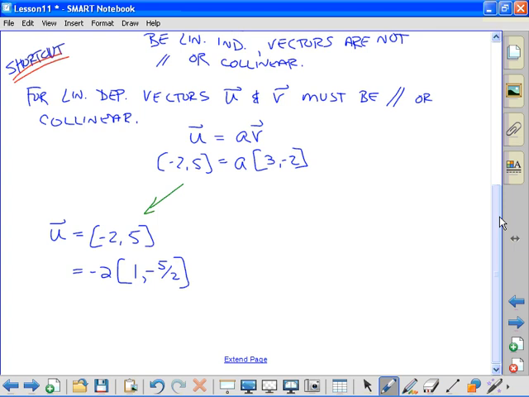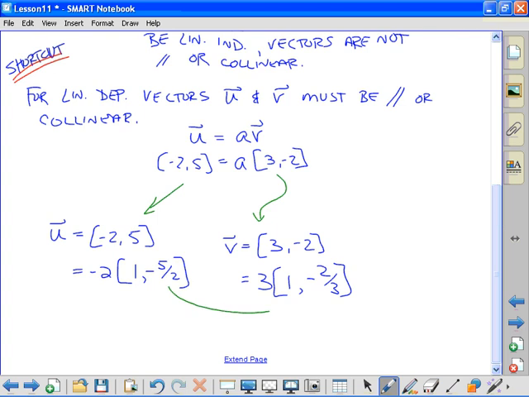Similarly, I'm going to take the v vector, 3, negative 2, and do the same thing. I take a 3 out because I want to compare x components and make them the same. And what I find is that the y components are not the same.